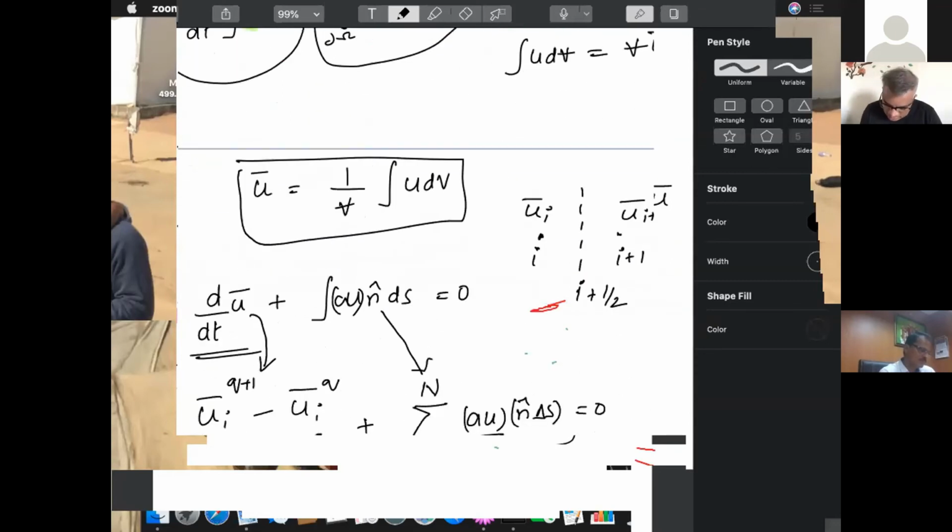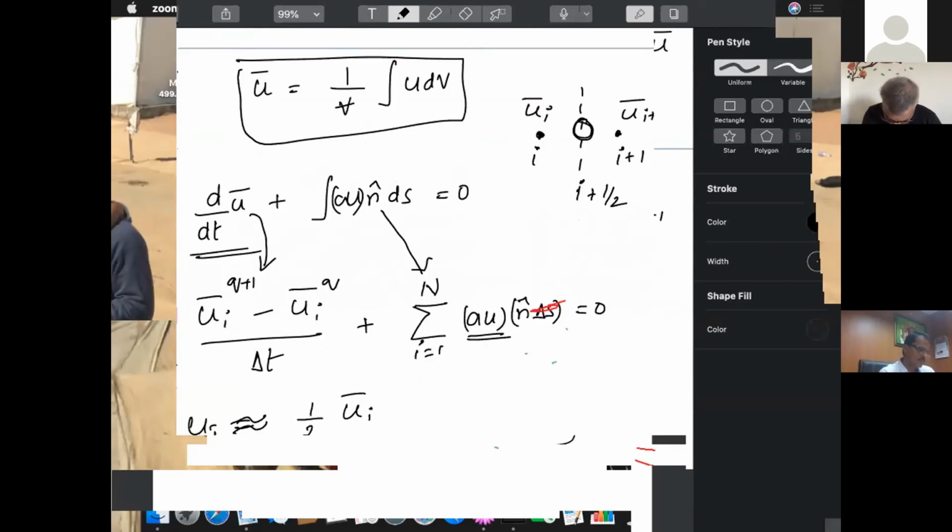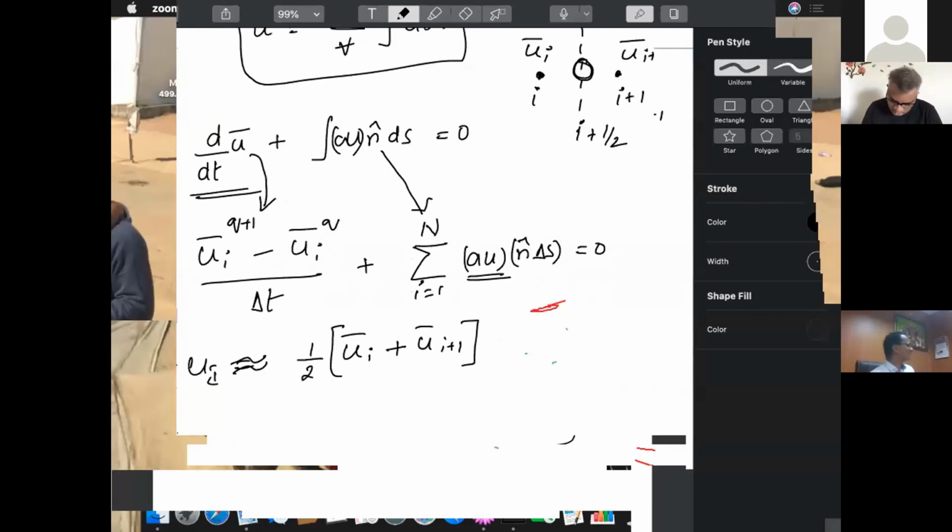So how do I get this? I know the value here, I know the value here, I want the value in this region. The simplest of all the things that you can consider is to take the average of these two. So u bar at i plus half is equal to the average of u bar at i and u bar at i plus 1. Okay, this is the simplest that I can take. So replace this u by u bar at i plus half at all the faces.